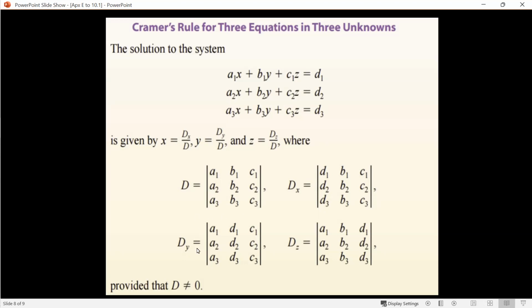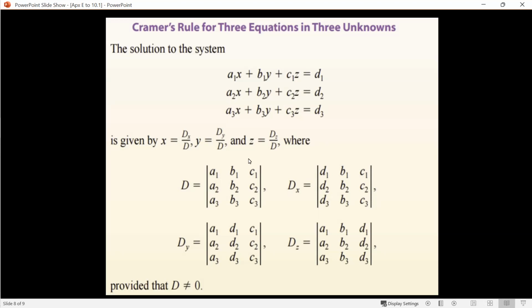The Dy is our coefficient matrix, but the coefficients on our y's right here in the middle are replaced by our constant terms. And Dz is, again, the coefficient matrix with the coefficients on our z's replaced by the constant terms. We take a determinant for each of these 4 3x3 matrices, but then we can just plug it into this formula to get the solution to this system using Cramer's rule.